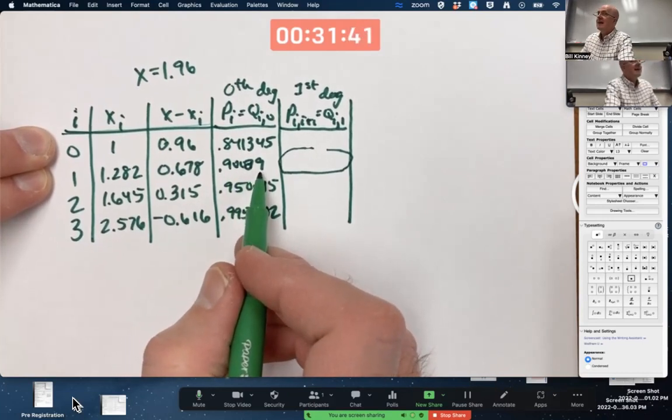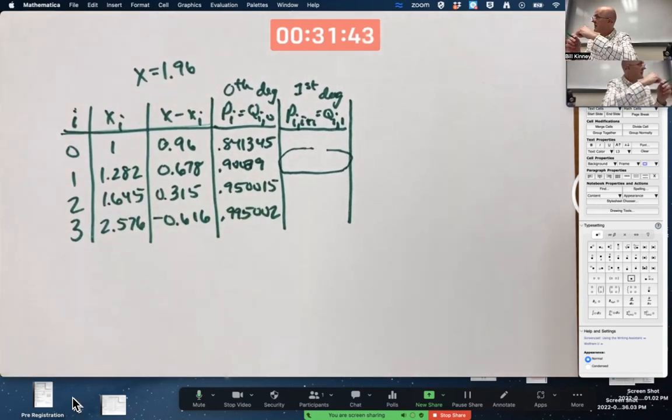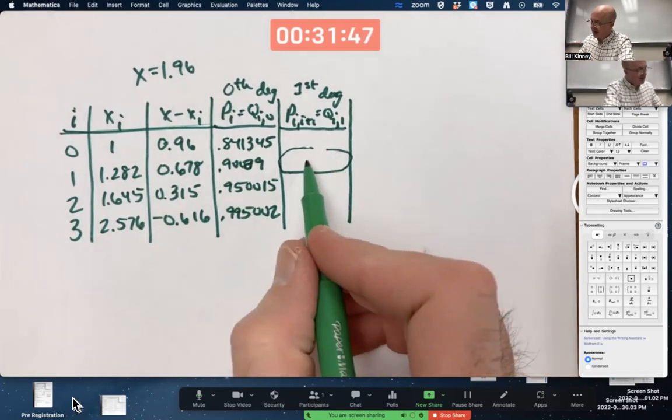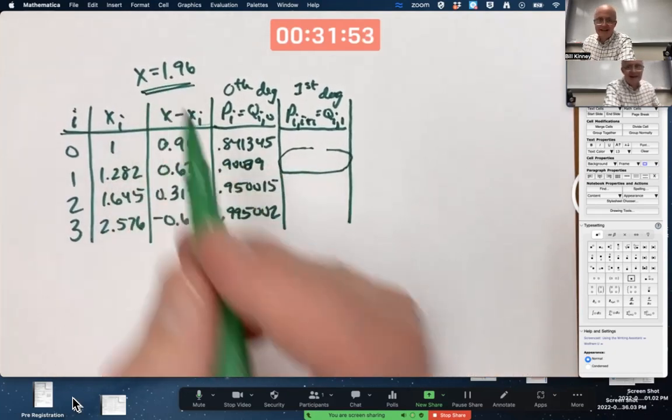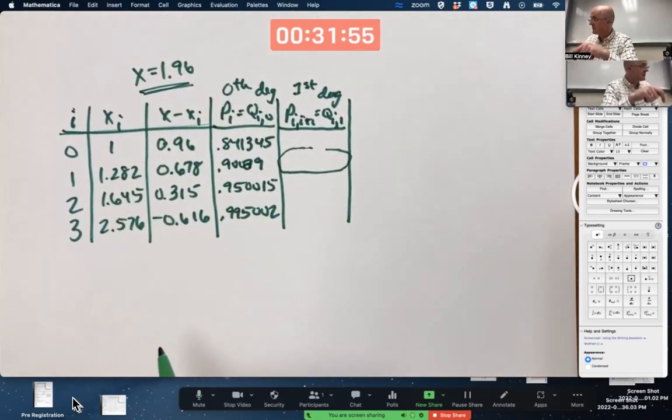I'm effectively connecting those points with a straight line and going out further to the right to get an approximation to the function at x equals 1.96 further to the right.